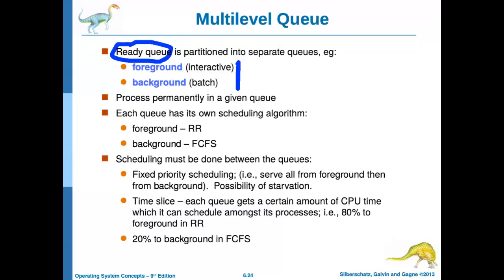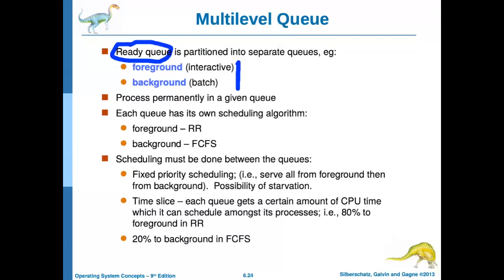So in multi-level queue, we create a separate queue, not necessarily just two, maybe multiple. It depends on how many different categories you wish to have for your different processes. Separate queues are created, and then we can apply scheduling within the queue and between the queues also, with separate algorithms for separate queues.